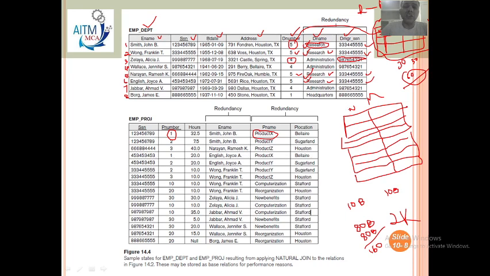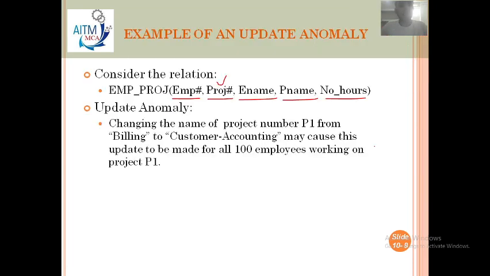Otherwise, you need to change it manually as many times as there are employees working in department number 4. This is the problem while updating the table or the value of a tuple. Is it clear now?